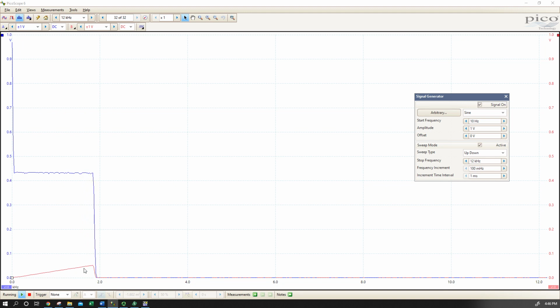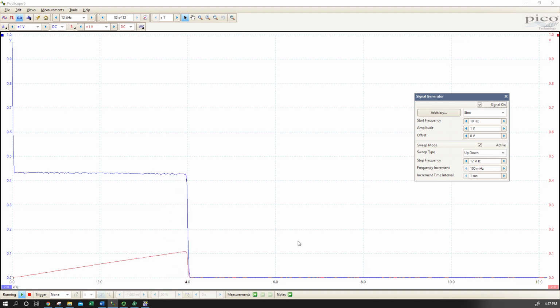And not surprisingly, the frequency response is effectively looking pretty linear, even though frequency is in the denominator of our reactance. When we apply Ohm's law, that ends up being a linear response. So basically, we're seeing more and more voltage drop over that load resistor the higher the frequency.